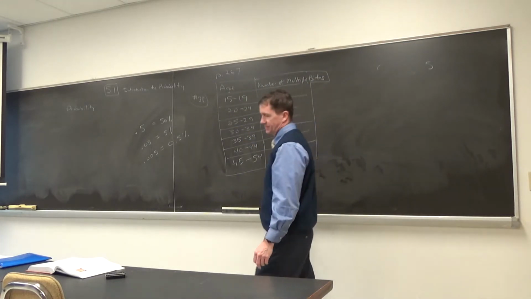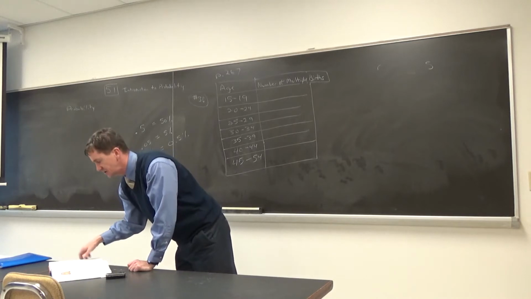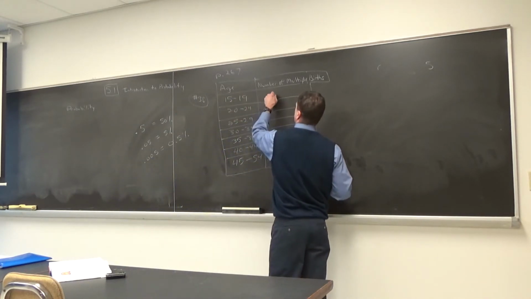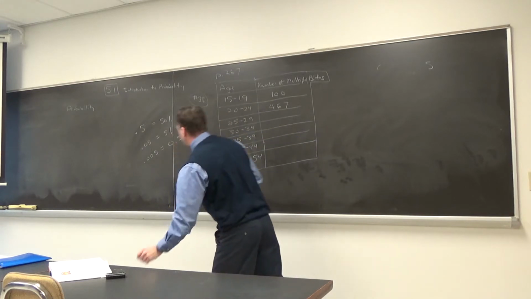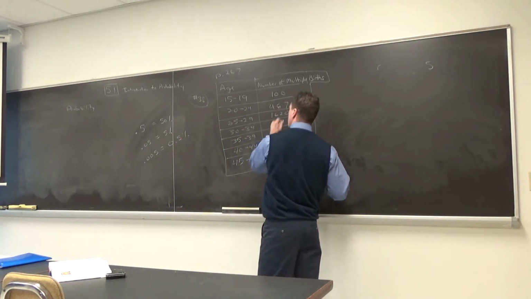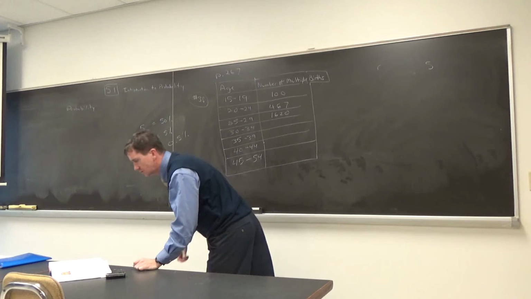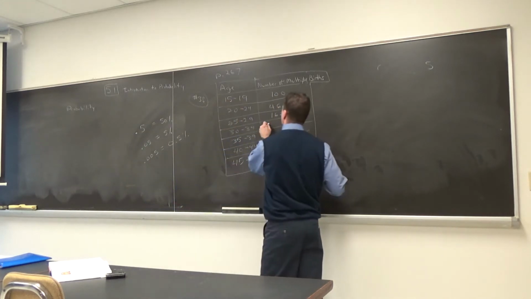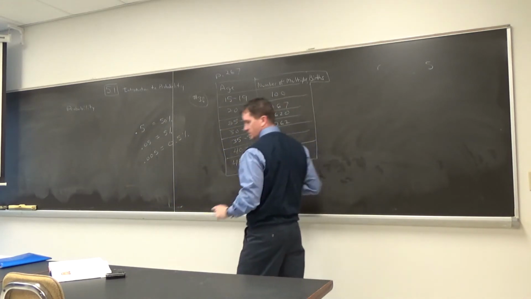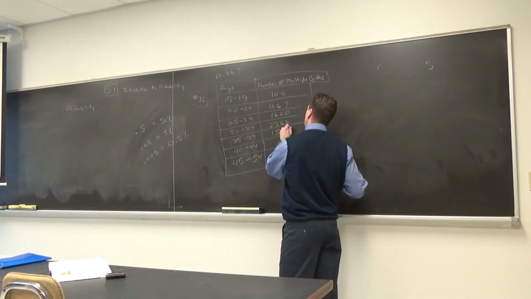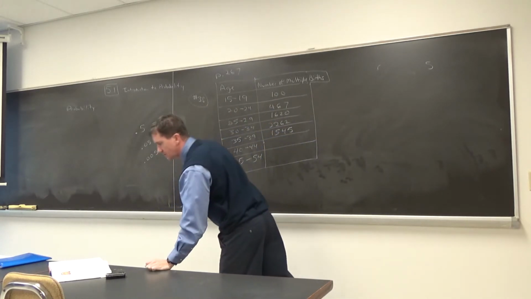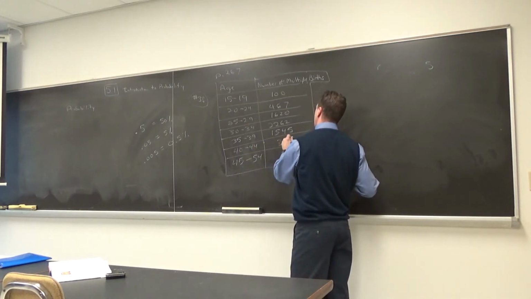All right, and here come the numbers. This is a frequency distribution. We've seen plenty of these: 100, 467, 1620, 2,262, 1,545, 328, 105. Is that per 100,000?